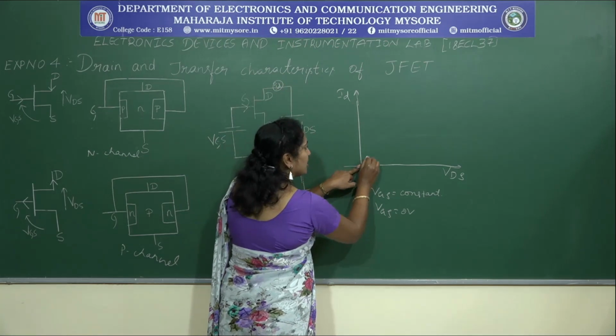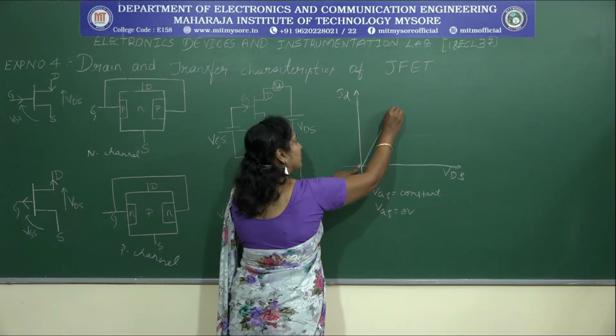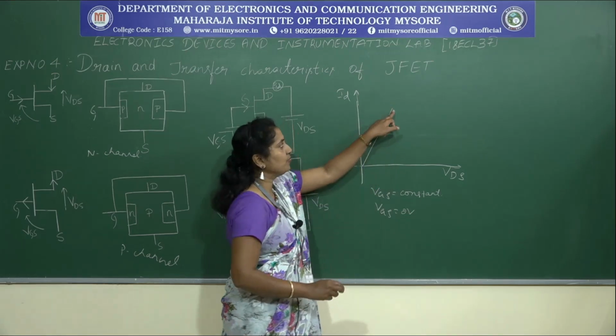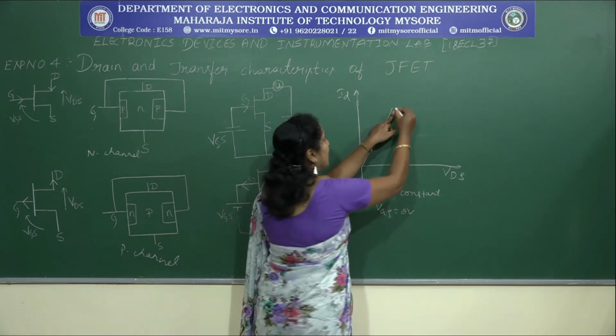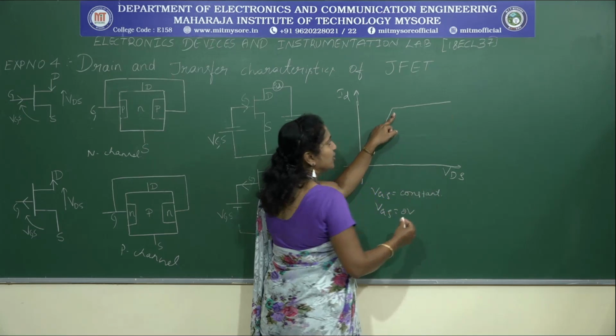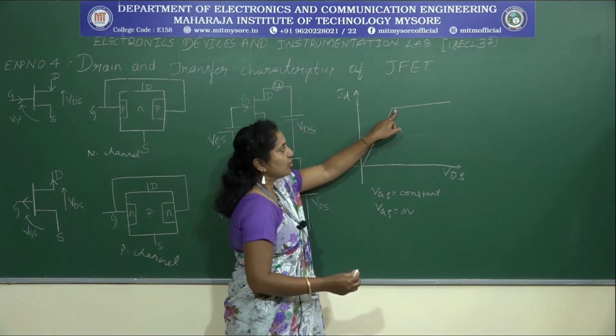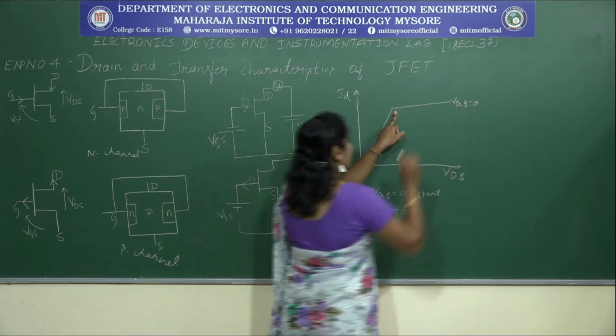When you increase the VDS, ID starts increasing when VGS is equal to 0. After some time, it reaches the maximum saturation and remains constant as VDS keeps increasing. So, this is the curve when VGS is equal to 0.